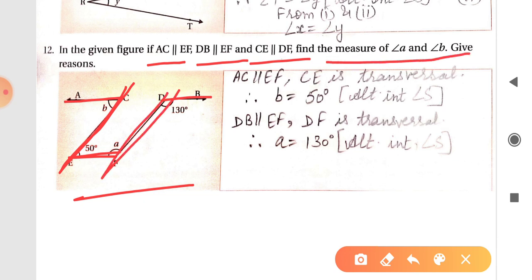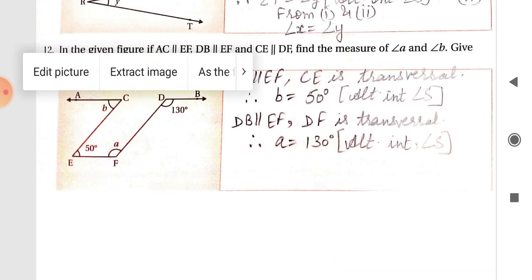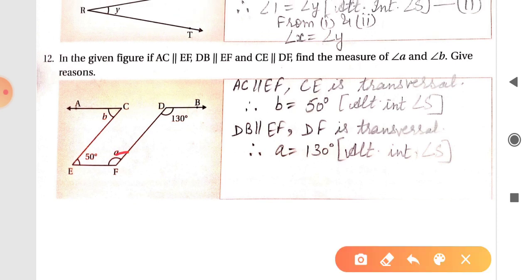Find the measure of angle A and angle B. We are given that this angle is 50 degrees and this is 130 degrees.